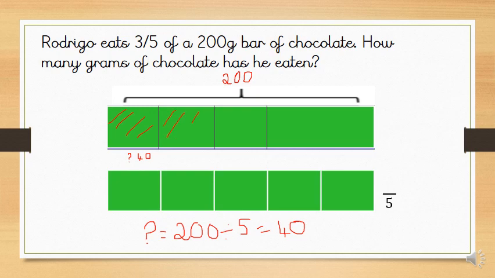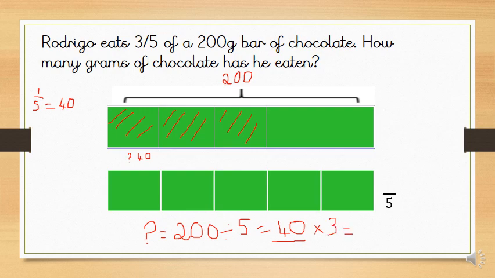Okay, but we didn't want 1/5. We wanted 3/5. So what do we then need to do with our answer? So we know 1/5 equals 40. To find 3/5, we've got to multiply it by 3.